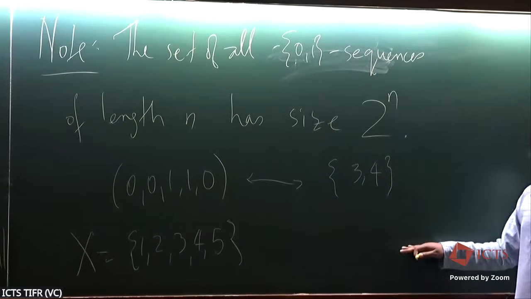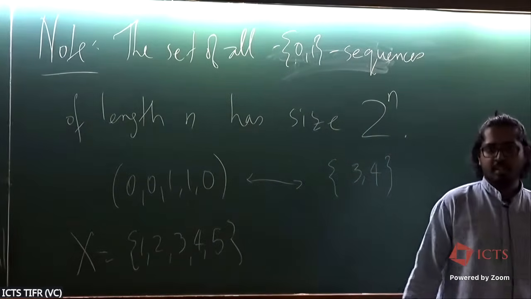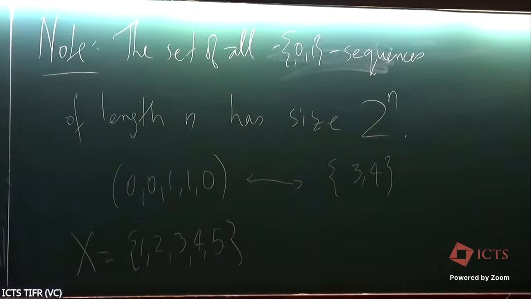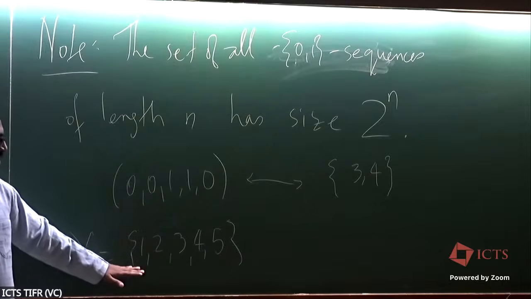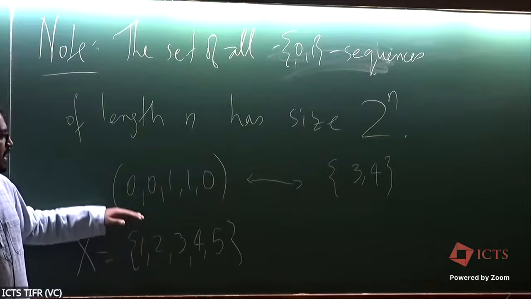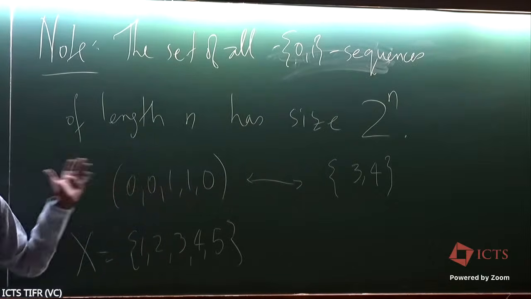If I give you some subset, you can write down the sequence. Does that make sense? Without doing a separate count, without even knowing that the answer was 2 to the n, I could have given this bijection. I needn't have counted that there are 2 to the n subsets of a set of size n, and also 2 to the n sequences. That was not relevant for giving this bijection.